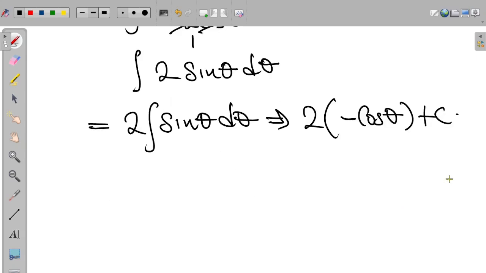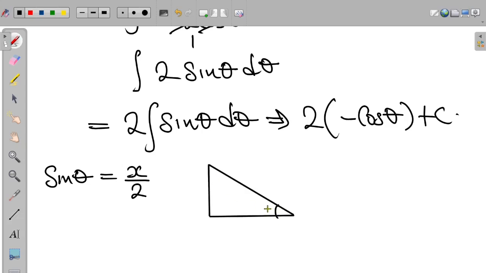But if you recall, we established that sine theta is equal to x divided by 2. Thus, if we represent this in a right angle triangle, this point becomes theta, and since x is the opposite side, here is our x, and 2 is the hypotenuse, and here is the 2.